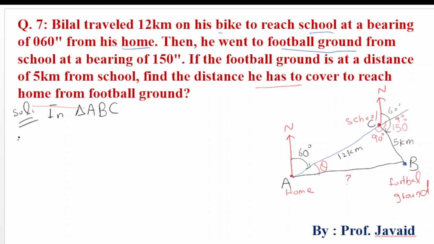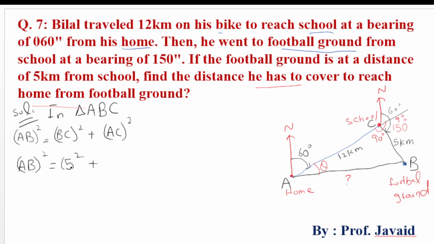Now AB squared, I mean hypotenuse squared, is equal to BC squared plus AC squared. Just put the values in. What is AB? We don't know, as we have to find this. BC is 5 kilometers, so write 5 squared, and then AC.